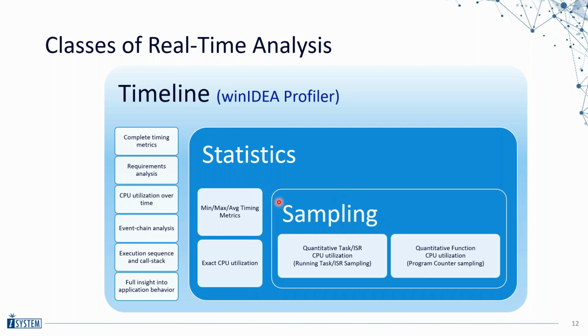Then if you want to get a little bit more sophisticated than that, the next step would be to calculate statistics. So that means you would maybe add some instrumentation to your software, let's say at points where runnables or tasks are started and stopped. And then you would read out a counter at that point and calculate the difference.